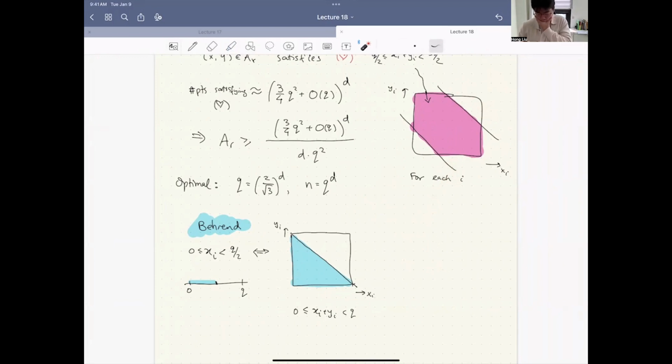Okay. Any question? So this is how to make use of high-dimensional grids.